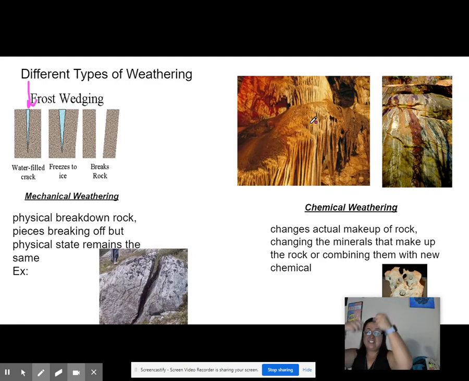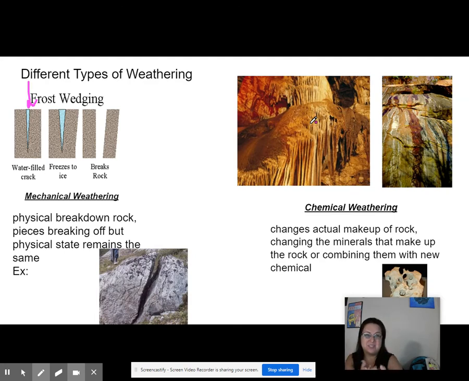And so you start to see these icicles, but they're not icicles. They're not made out of ice. It's the rock having a chemical reaction with the water. And so now we get this crusty kind of material that starts to form.